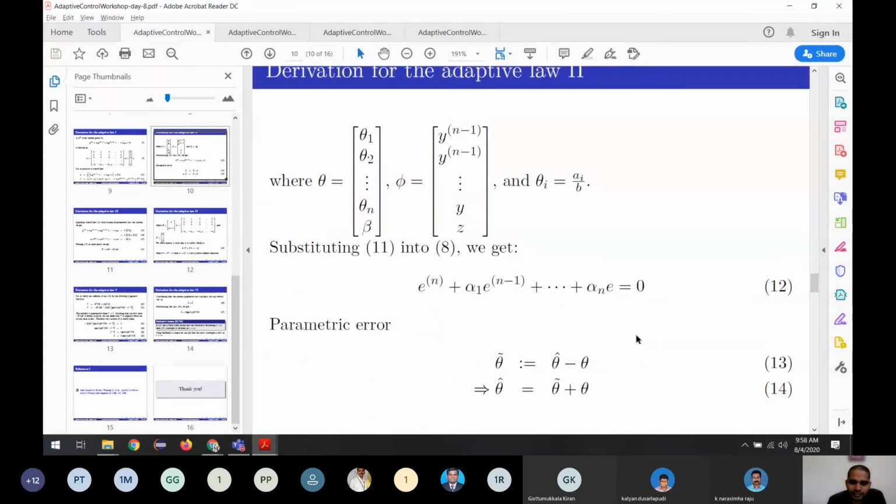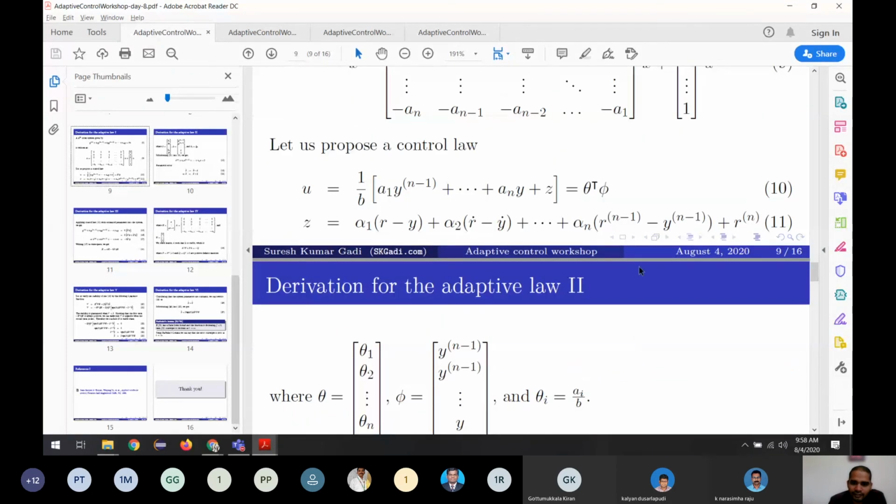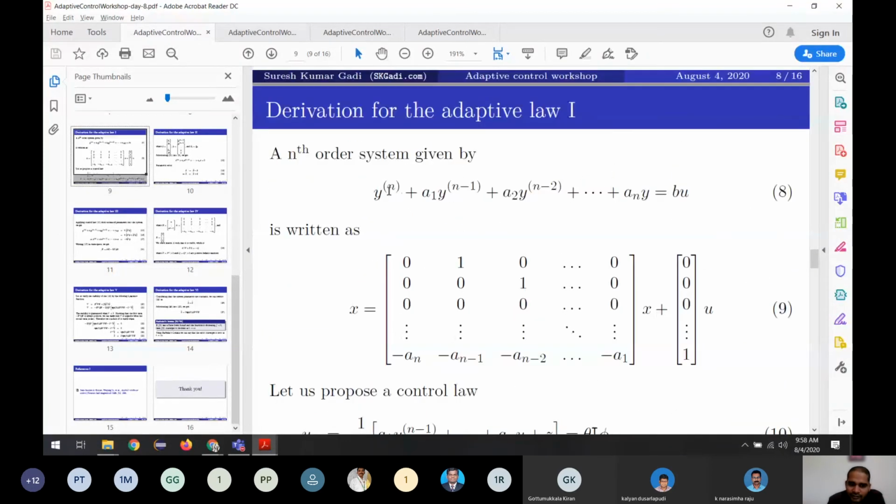So substituting, like what we said, we're removing all the dynamics and we are adding this. So if we carefully observe the Z, we see all the terms are having errors except the last one. The last one is not error. It is R with n dots. Why are we doing this? Because in the first equation, we already have Y with n dots.